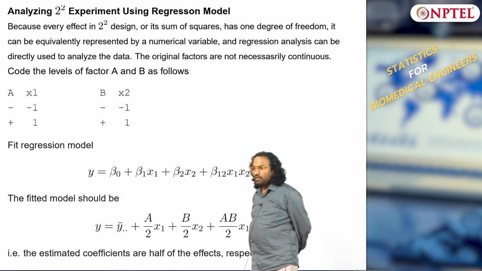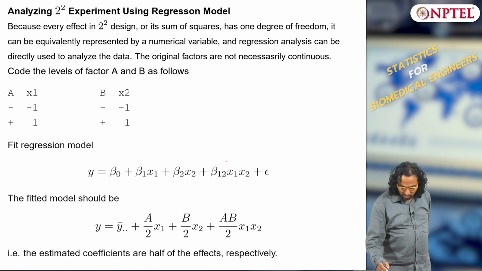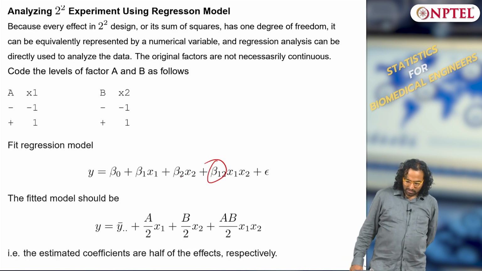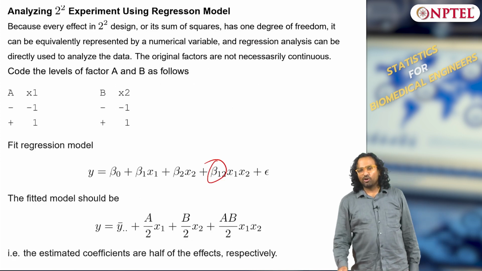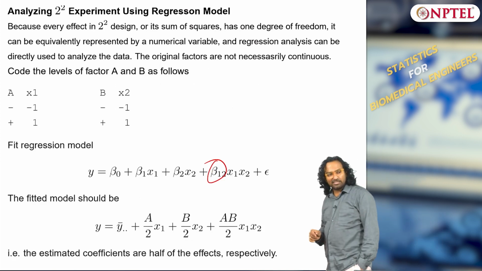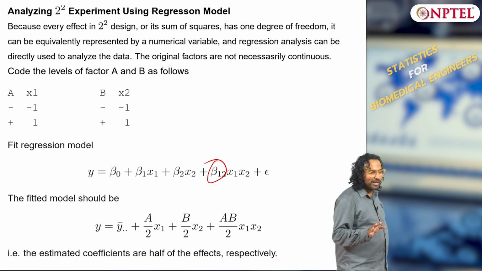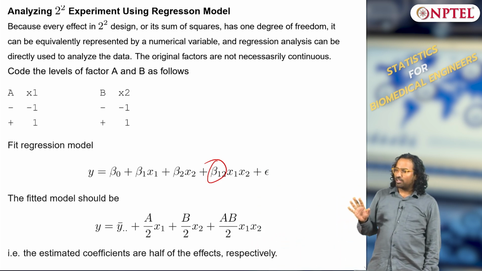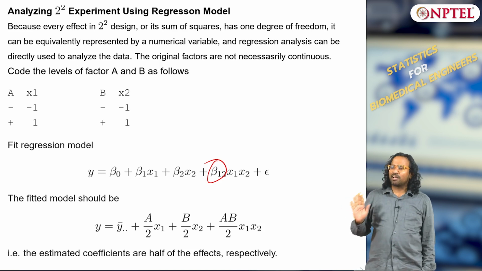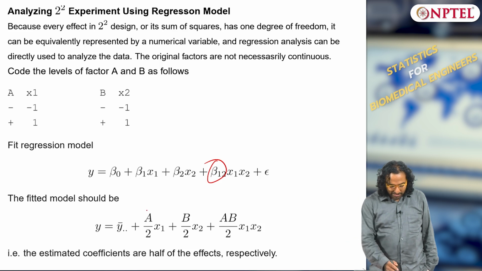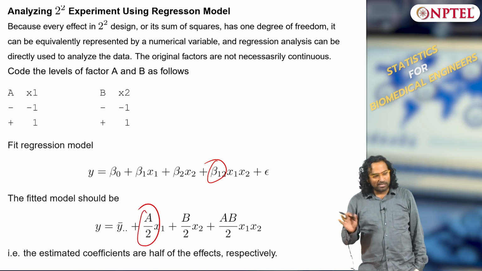So this is our 2 power 2, and you can also start fitting a regression model. Remember you have an interaction term. Like yesterday I showed you, you can do differentiation or you can do it by rules, but in 2-level factorial experiments the answer is pretty straightforward. The parameters are nothing but effect divided by 2. When you differentiate and solve you will get the same answer.